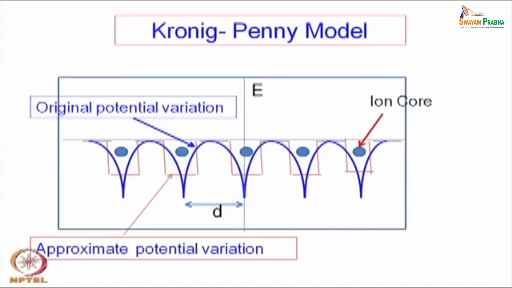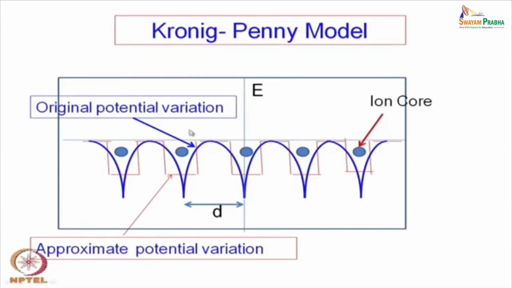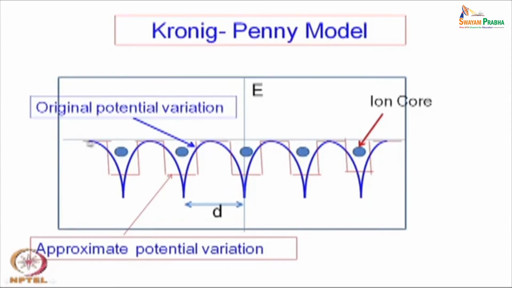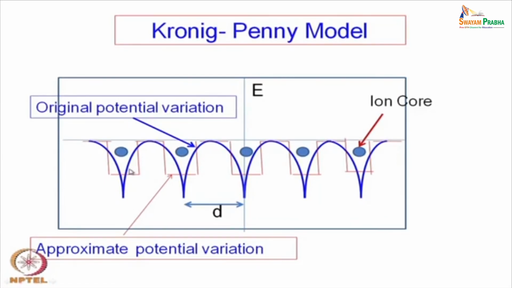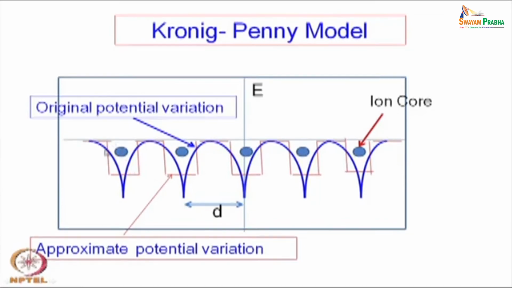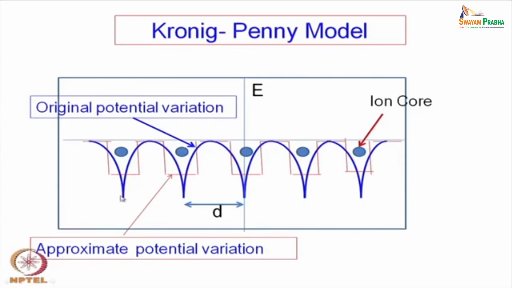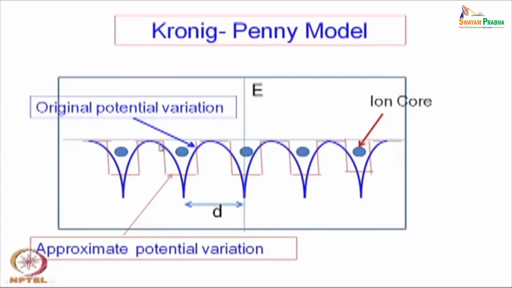To solve some of these equations we have to take some kind of assumptions. Although this may be a more realistic potential variation, for solving these complex equations one has to make things a little simplified, a kind of square well or rectangular well instead of a continuously varying wave like that.